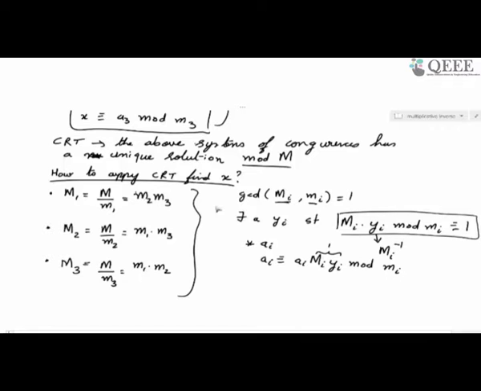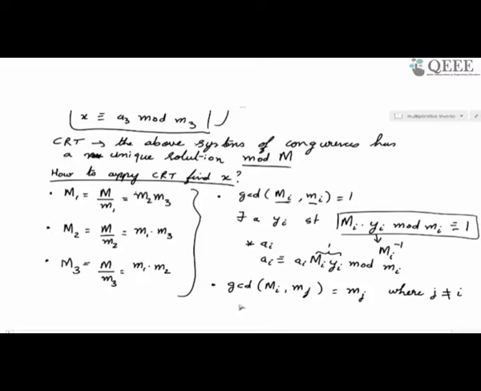On the other hand, what we see is that GCD of Mi comma mj will be equal to mj, where j is not equal to i.